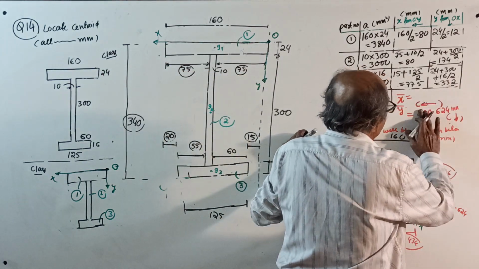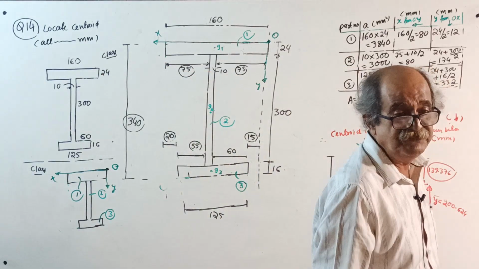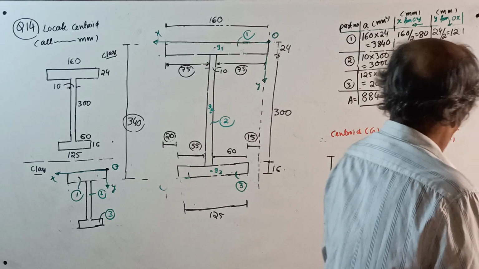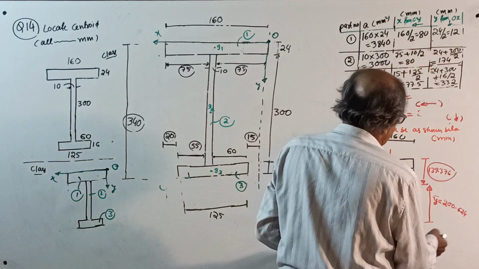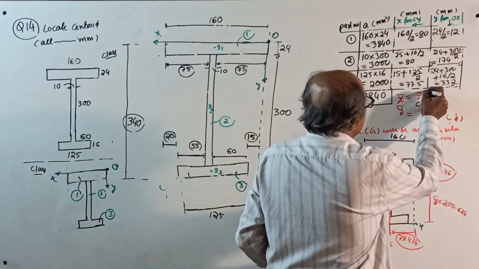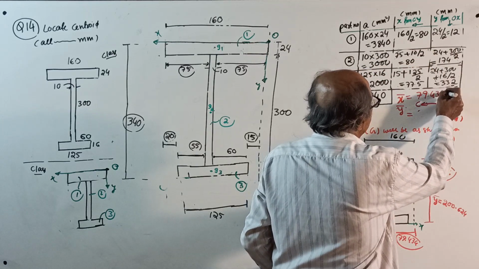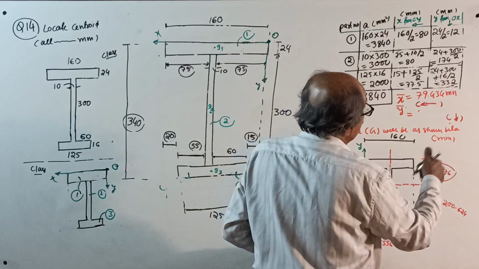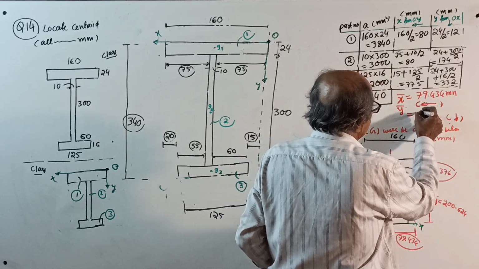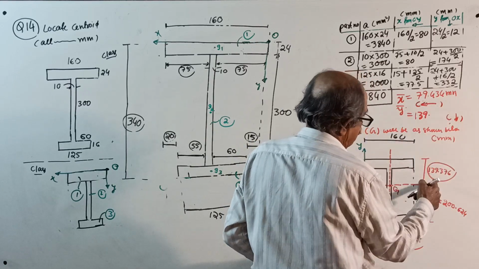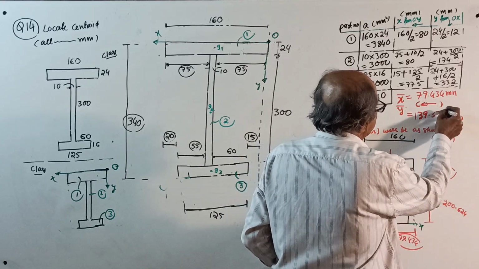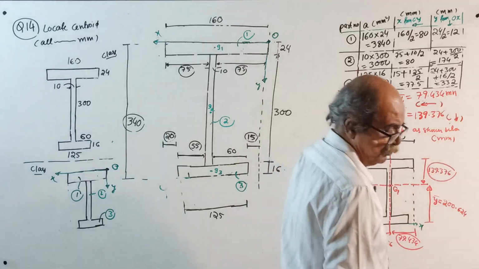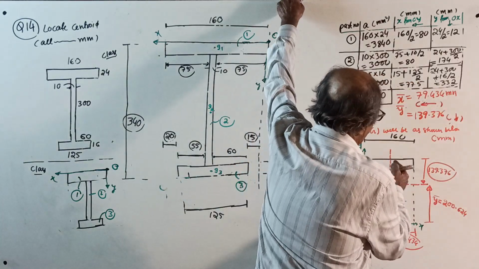This time I am not calculating, I got confidence in me. 79.434. Y bar will come 139.376. Okay.